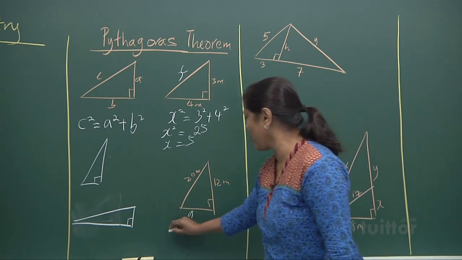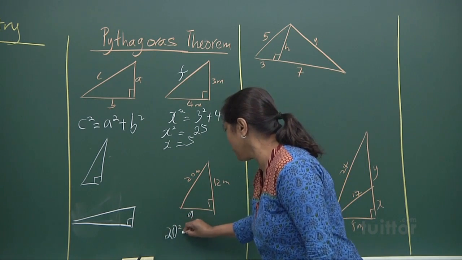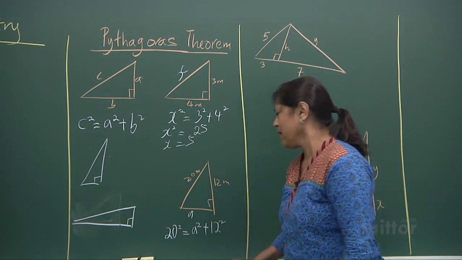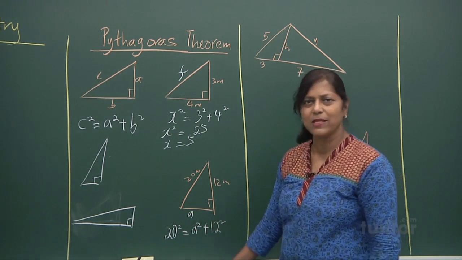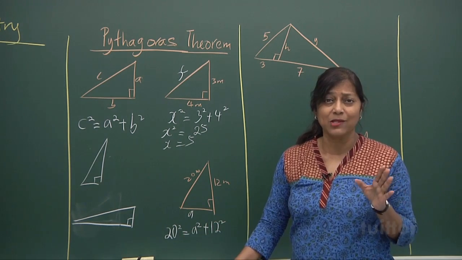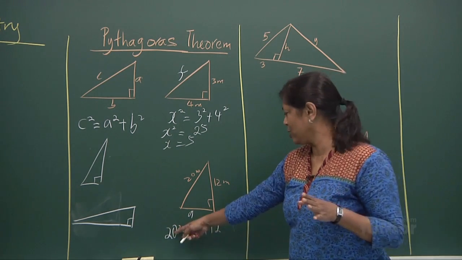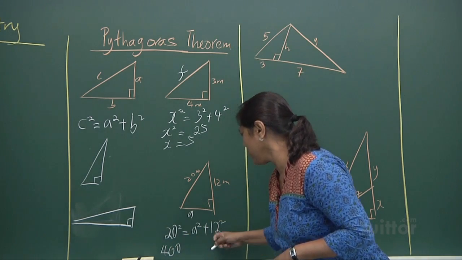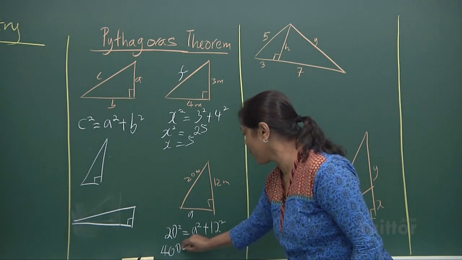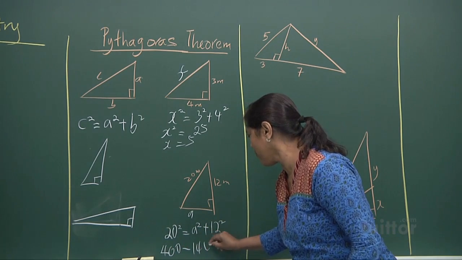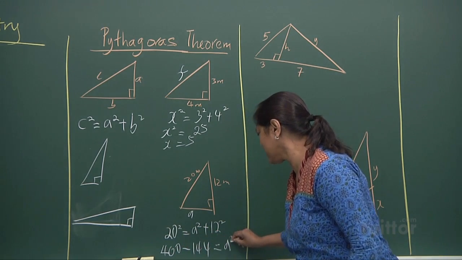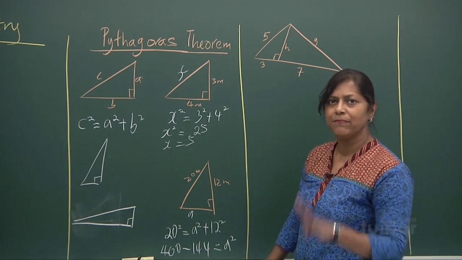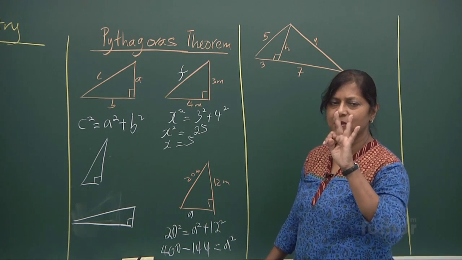So 20 squared is none other than A squared plus 12 squared. 20 squared, 20 times 20, pretty easy: 2 times 2 is 4, and you get 2 zeros from here, so it's 400. And 12 squared is 144, so you minus your 144. What do you get your A squared to be? All right, look at it. 400 minus 100, you have 300.